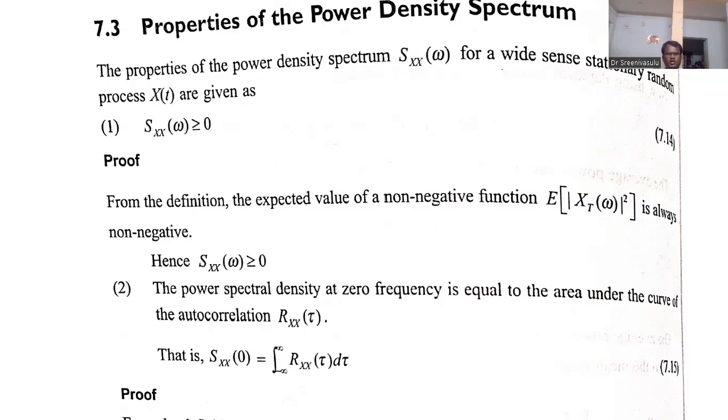From the definition of expected value, it is a non-negative function, because we have considered the expected value of the magnitude of XT of omega whole square, and the magnitude of XT of omega whole square is non-negative. So finally Sxx of omega is definitely greater than or equal to 0. It is one property.